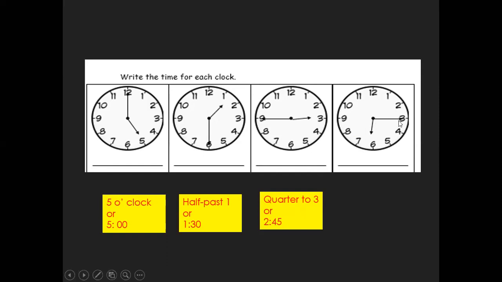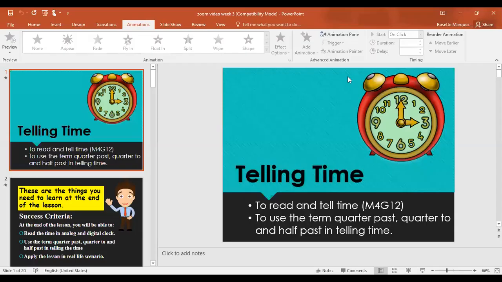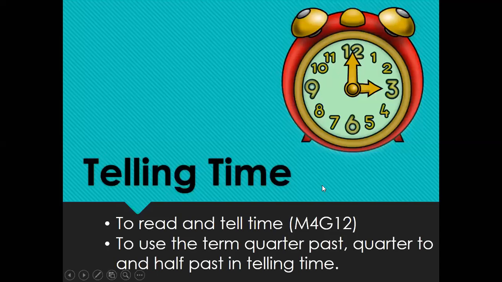So that is 6:15, or to describe it in terminologies, we have 15 minutes after 6. So that becomes quarter past 6 or 6:15. Okay, so that is how you're going to tell time and use the terms quarter past, quarter to, and half past in telling time.